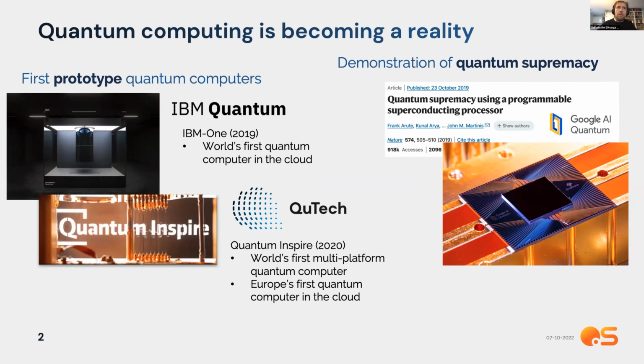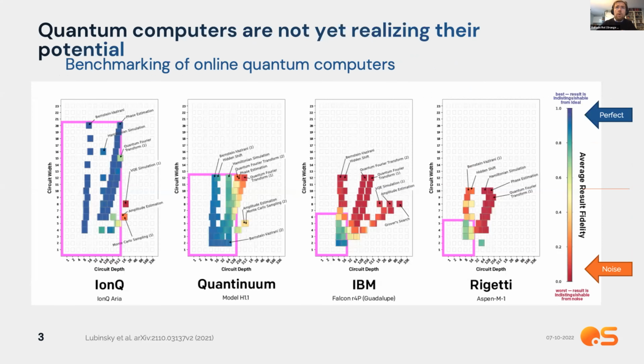But one of the problems we're seeing is that quantum computers are not yet realizing their potential. This is a paper by Lewinsky et al., where they took all the cloud accessible systems and ran the same volumetric benchmarks against them. Basically what we're seeing is that none of them are really up to specs. I think the relation to tunable couplers missing in some of these systems also came up in the last talk, but the overall point still stands.